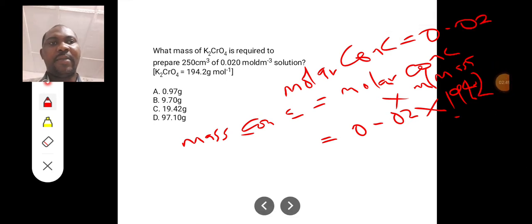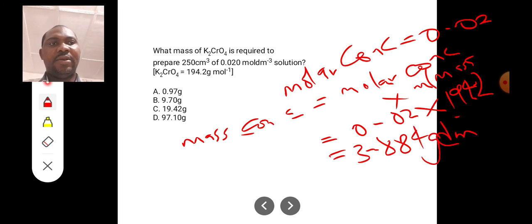On my calculator, 0.02 multiplied by 194.2 gives us 3.884. So this will be 3.884 grams per dm³. Mass concentration is also called concentration in grams per dm³.